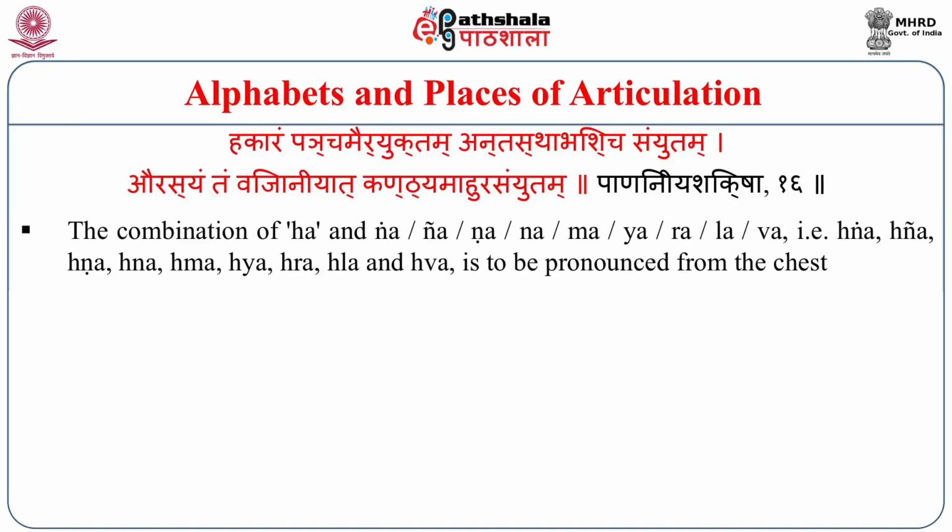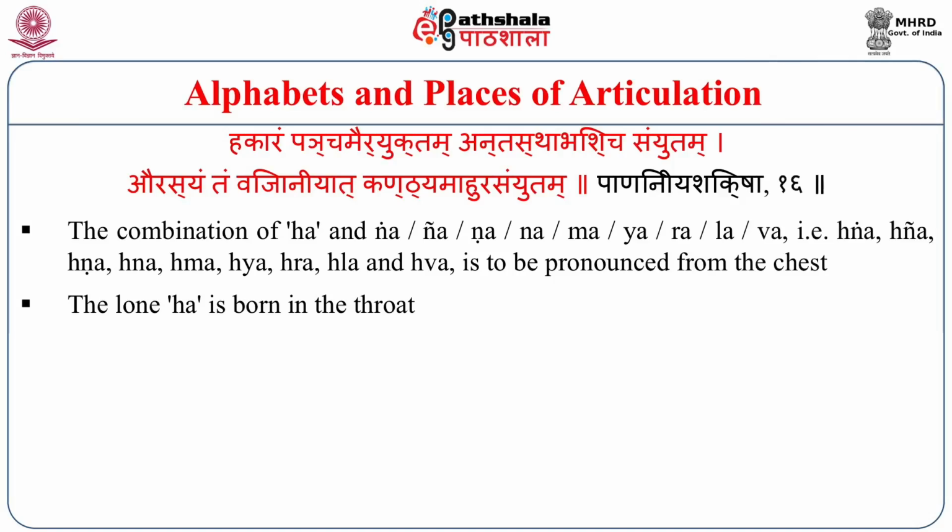Panini says, when you combine the letter ha with the panchama aksharas, that is nga, nya, na, ma, and also with ya, ra, la, va, that means when you combine hna, hma, hya, hra, hla, hva, that is to be pronounced from the chest.